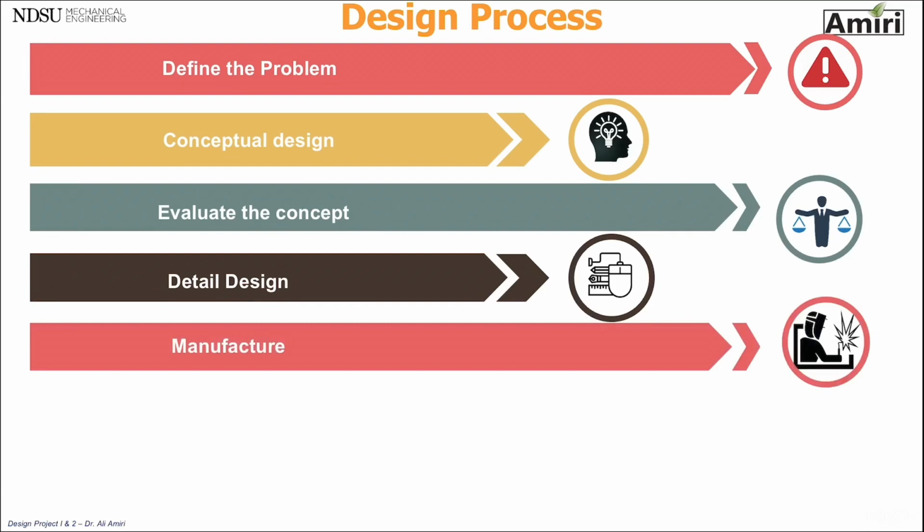Some teams need to manufacture 2 concepts and validate and see which one they want to go ahead with. Some teams need to manufacture a prototype, and some teams need to manufacture the actual final product, depending on, again, the scope of your project and what your project is.